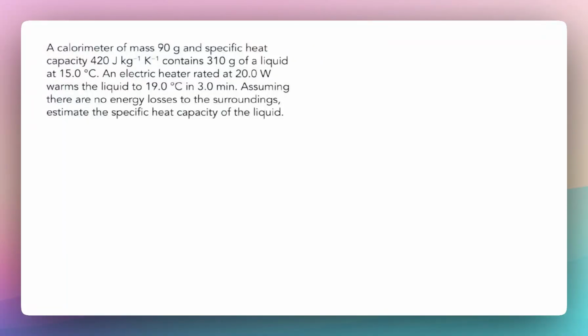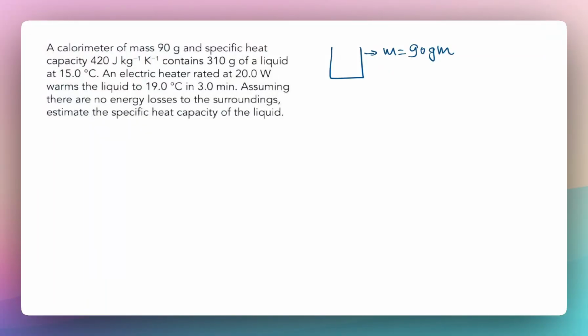A calorimeter of mass 90 gram and specific heat capacity 420 joule per kilogram per Kelvin contains 360 gram of liquid, right? So if I just draw, this is our calorimeter in the first place. Its weight is 90 gram. We'll definitely need to convert it into kilograms.